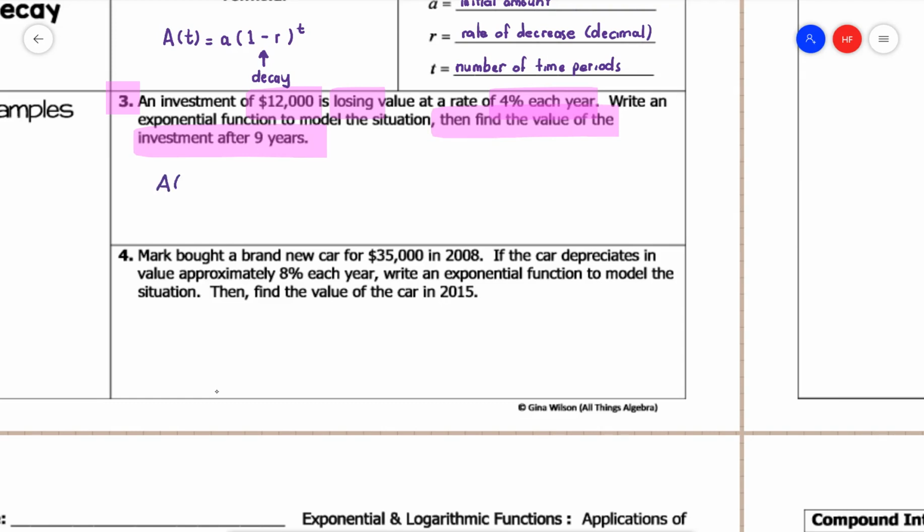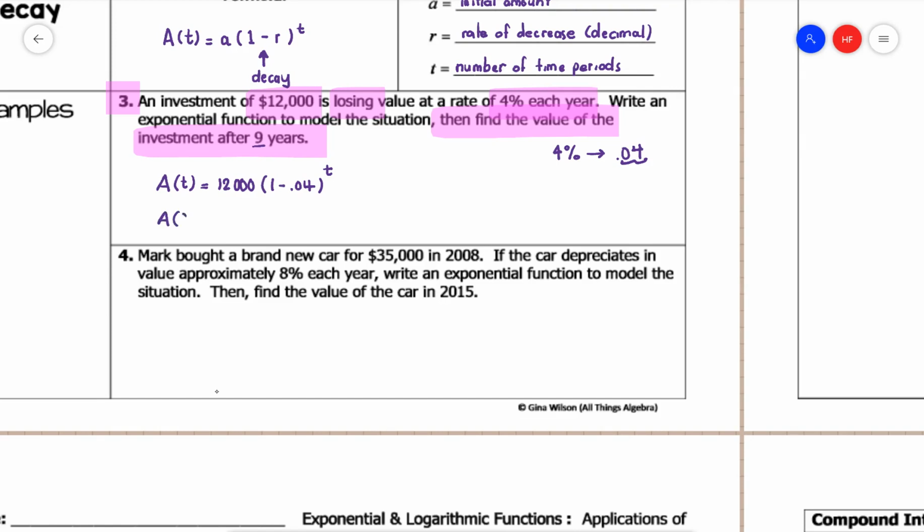So we're going to write our exponential model first. The amount after some amount of time will equal our initial amount times 1 minus that rate as a decimal, to the t power, where t is the number of time periods, and in our case it's going to be 9 years.